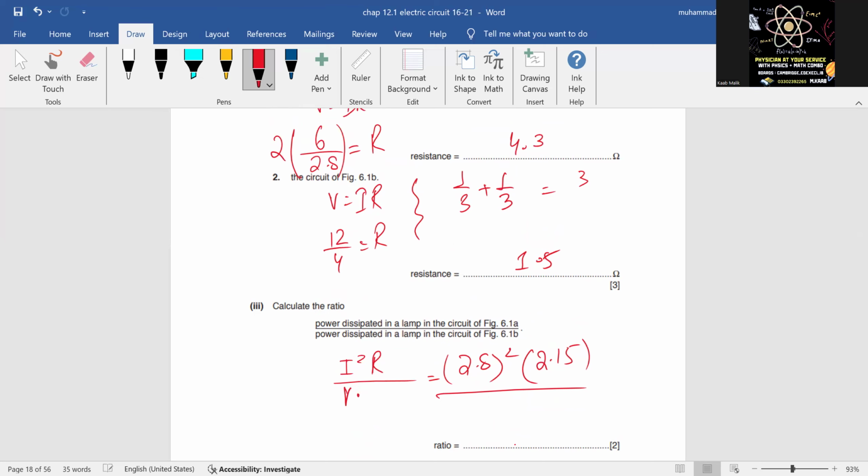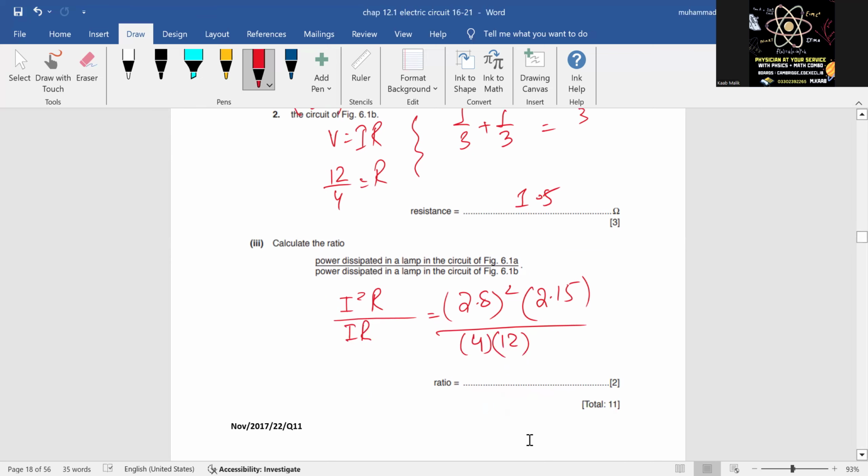So I'm using IV instead of I squared R. So 4 is the current and voltage is 12, right? Okay, please find the value. How much are you getting? 0.35. Okay, perfect. That's perfect.